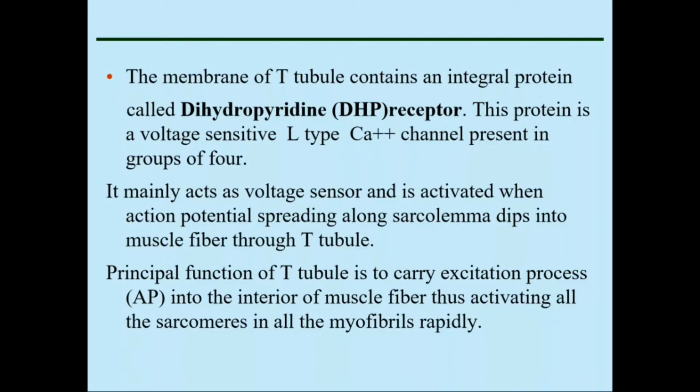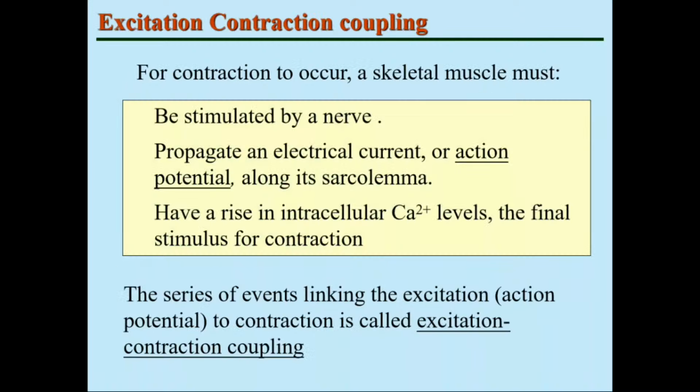The membrane of the T tubule contains an integral protein which is called dihydropyridine receptor.